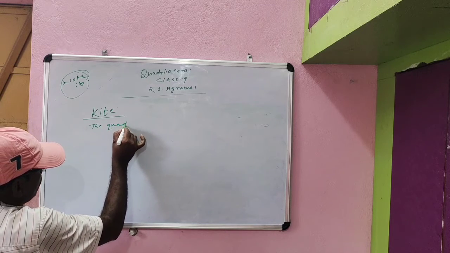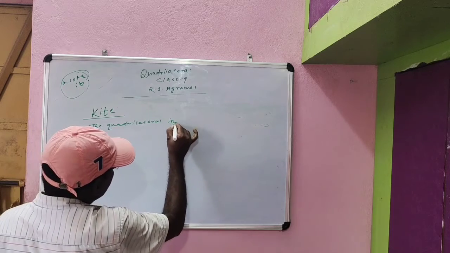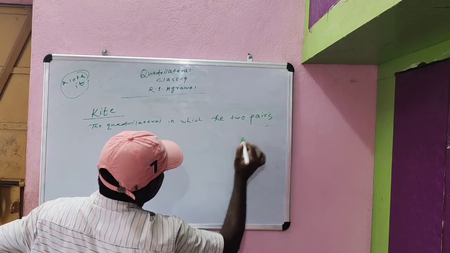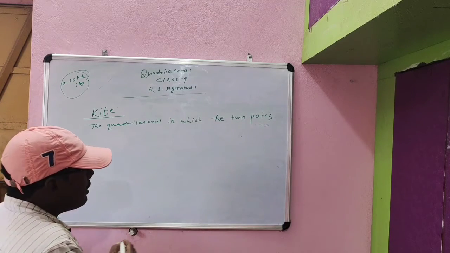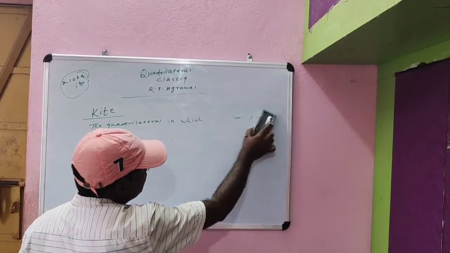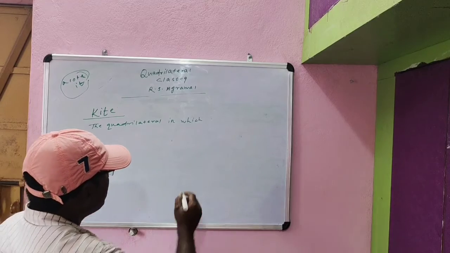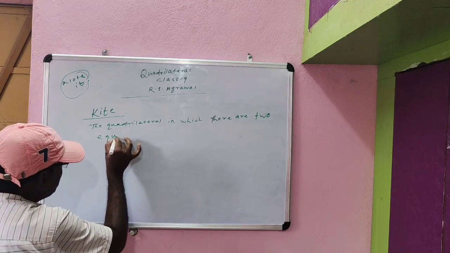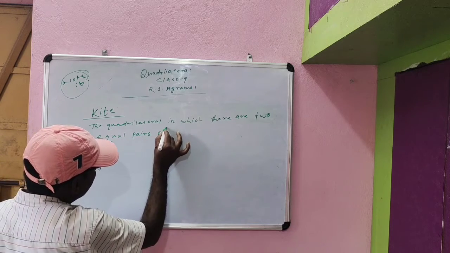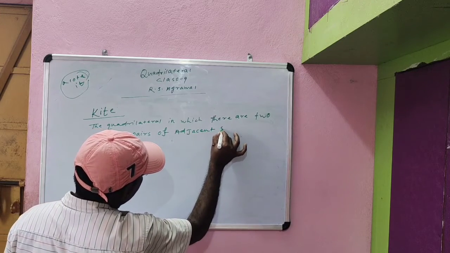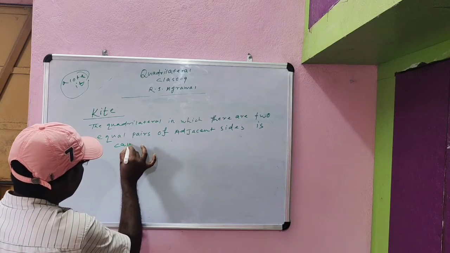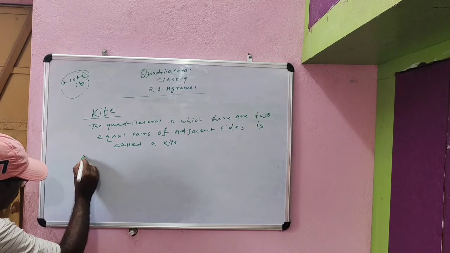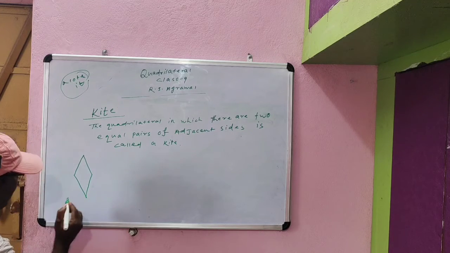The quadrilateral in which there are two equal pairs of adjacent sides is called a kite. So a kite is also a quadrilateral.